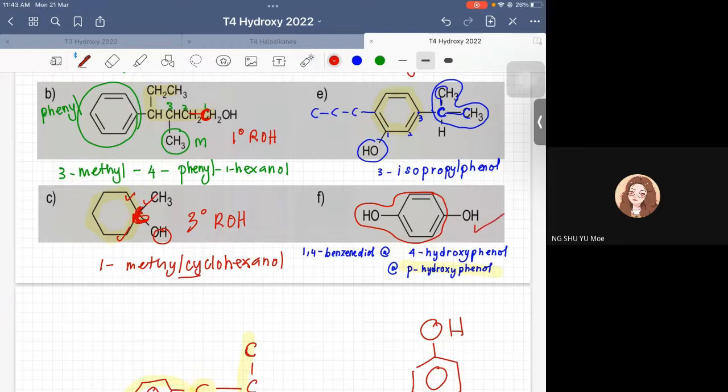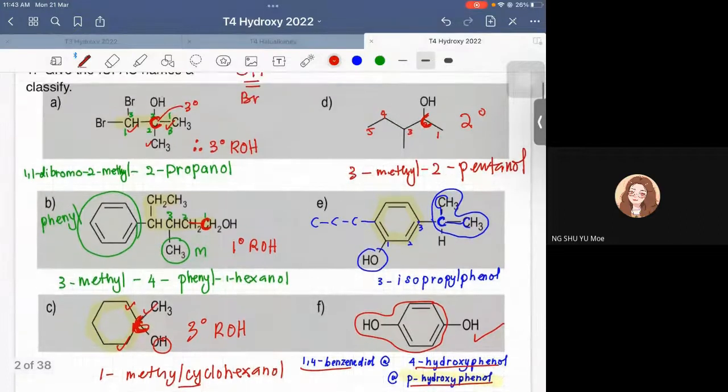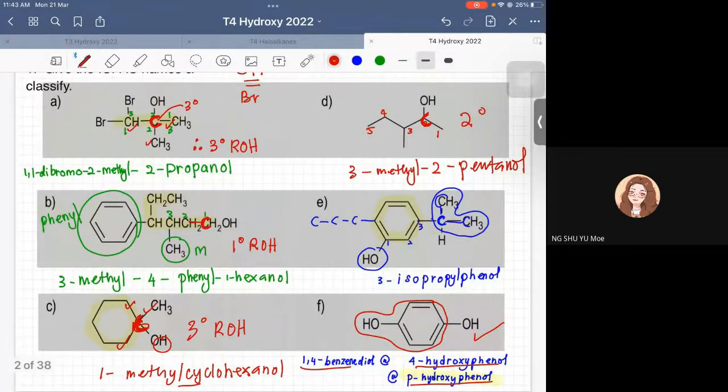The other one will be substituent. Who is the substituent? Hydroxy at carbon number 4. So this one accepted and this one also accepted. This is the other way of naming that you will learn in benzene lecture. Okay, any other question? Okay, boleh. Right.